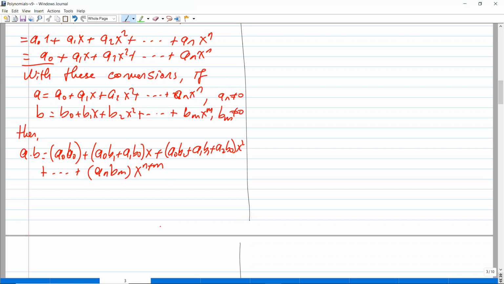Of course, if R has zero divisors, this an times bm might be 0. So this x is called an indeterminate.